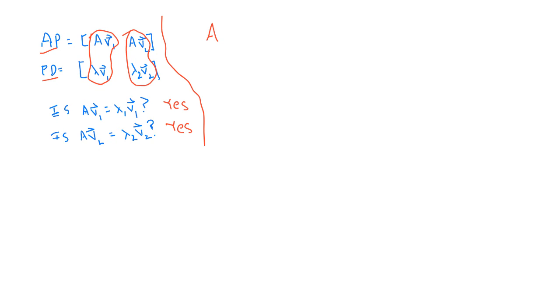So this means then that A times P would have to equal P times D. Okay? But we can multiply both sides of this matrix equation on the right-hand side by P inverse.